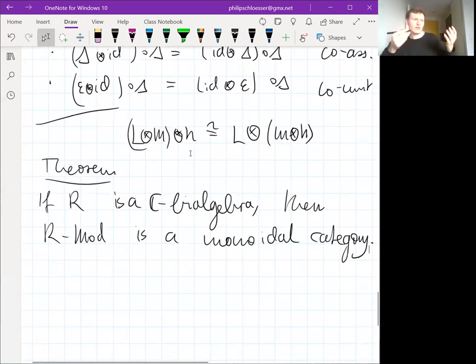Meaning that we have tensor products and that these tensor products behave like expected.